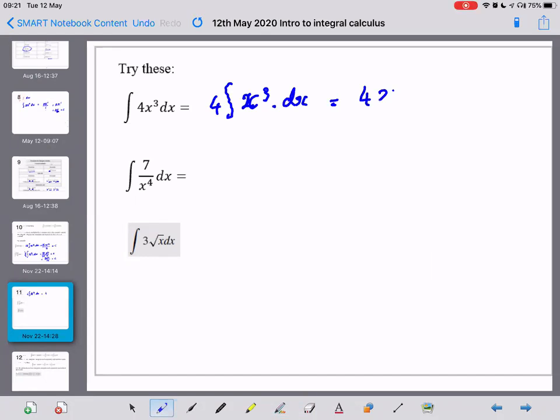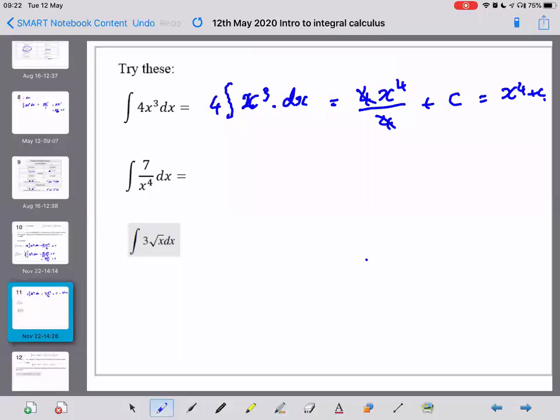Can you see that'll simplify? 4 over 4 is 1, so that's just x to the 4 plus c. Other than that, you're right. Perfect. Because these two cancel. All right.